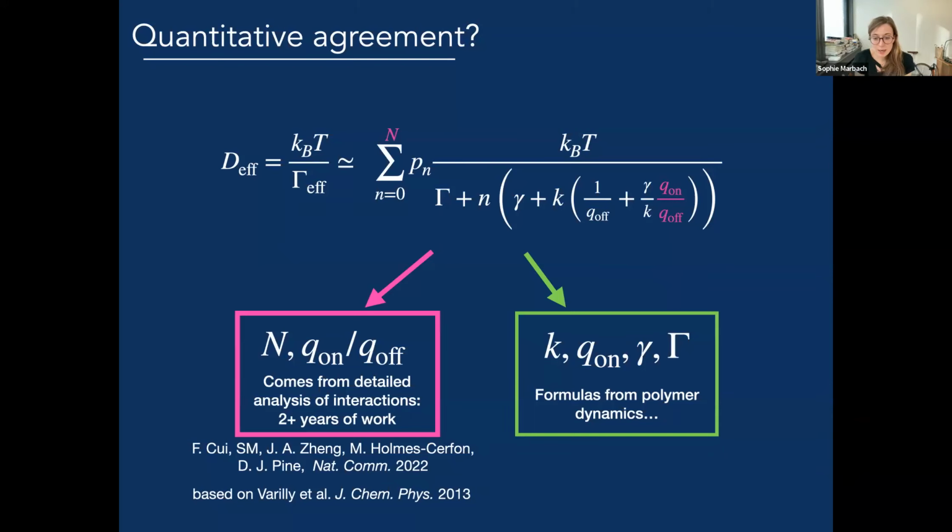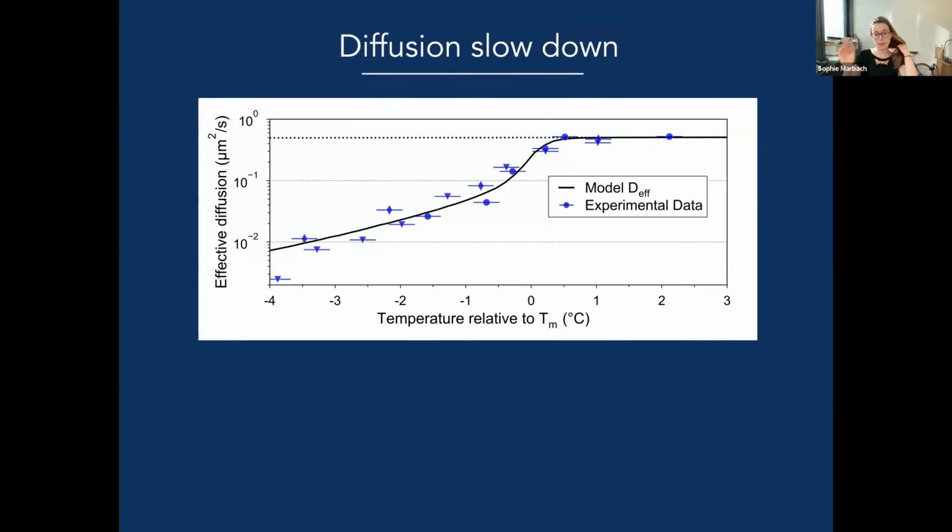So we have some idea that we're pretty much putting in numbers inside these parameters that make sense. And so then we calculated our prediction for the effective diffusion coefficient in our system of DNA coated colloids and plotted it against the experimental data.